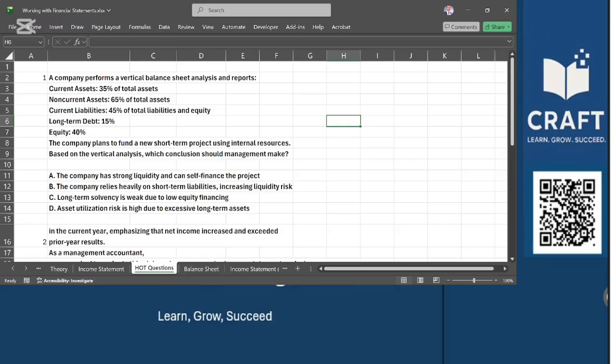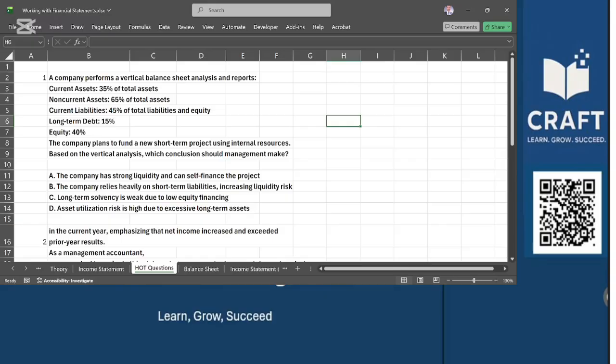Current assets are 35% of total assets, and current liabilities are 45% of total liabilities. So current assets are financed by current liabilities, you could say. Current assets are 35%. The remaining 10% of current liabilities are used to fund non-current assets. You can see that from the analysis given here.